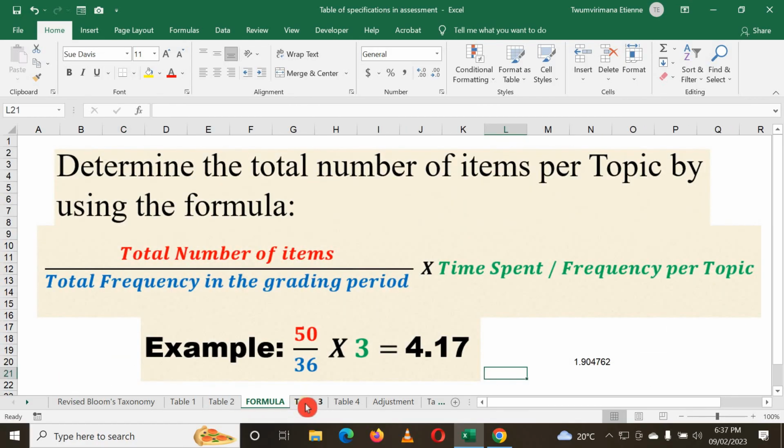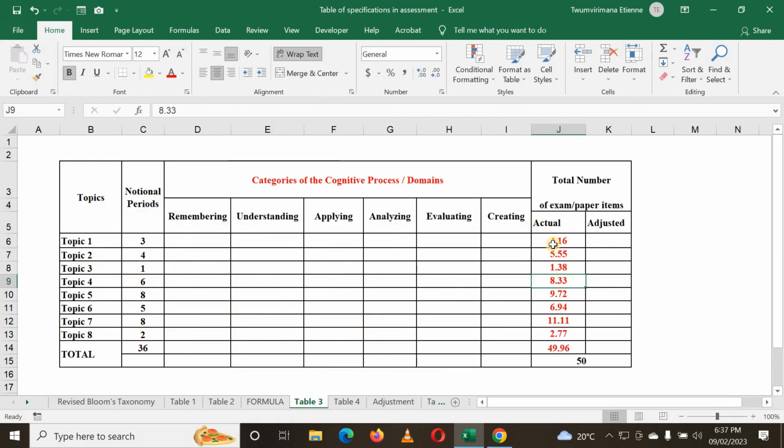After calculating, you can see here the number of questions to be asked on every topic. How did I obtain this? I took 50 times the number of periods over the total number of periods. And this is what it means.